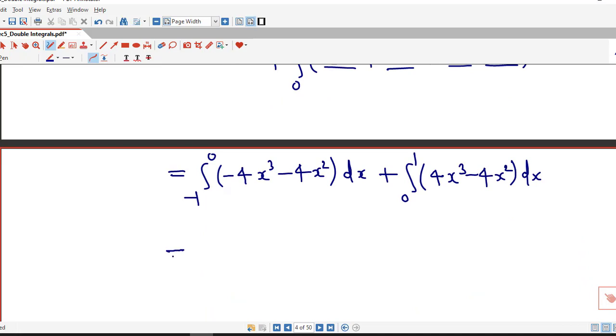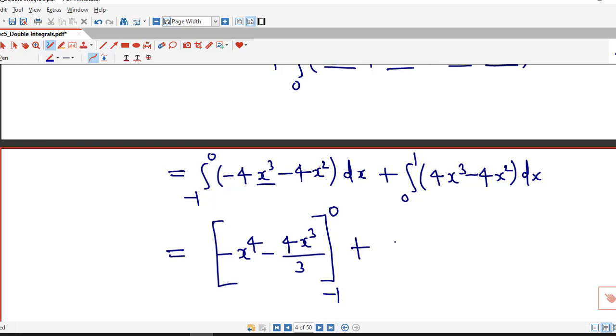Now we integrate with respect to x. Integral of x cube is x raised to 4 by 4, so 4 will cancel out, and we have minus x raised to 4. Similarly, this is going to be 4 into integral of x square, which is x cube by 3, and then we will put x equal to minus 1 and 0. Same thing here, 4 into x raised to 4 by 4 and minus 4x cube by 3.